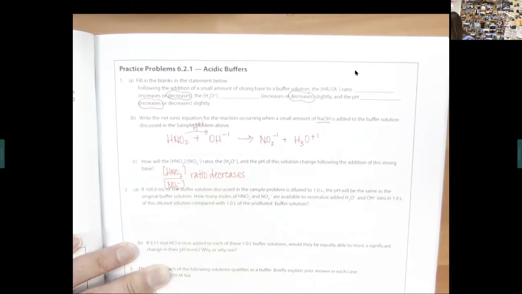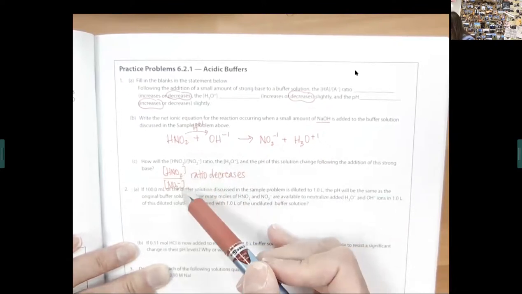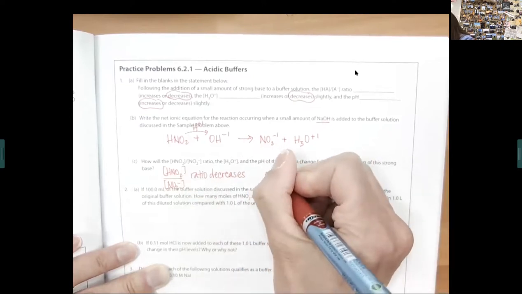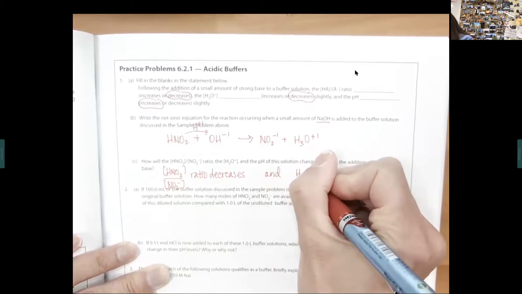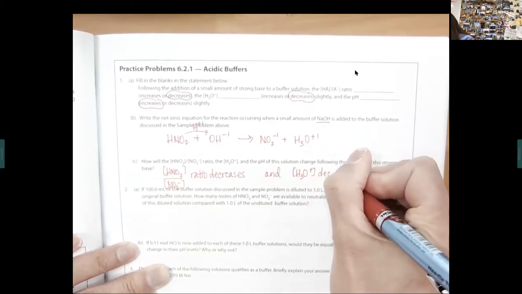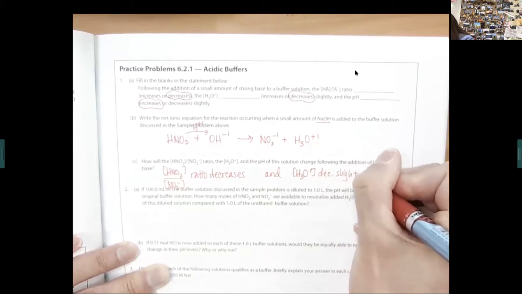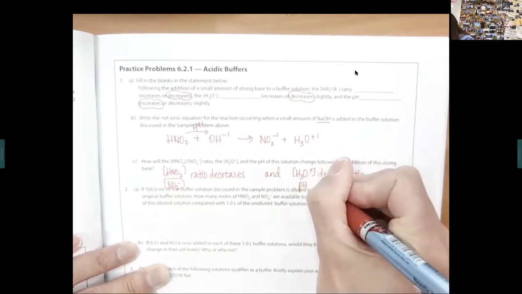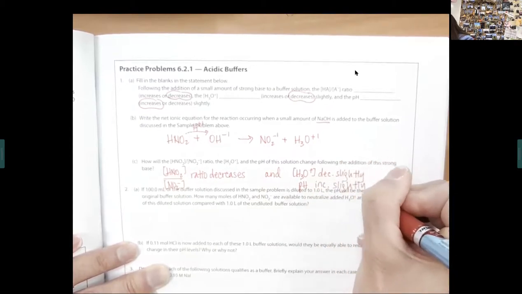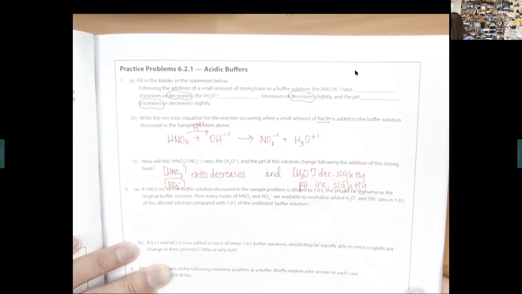Okay. Which makes sense because if this gets larger and this is getting smaller, the overall ratio decreases. And the H3O plus concentration decreases slightly and the pH increases slightly. Okay.